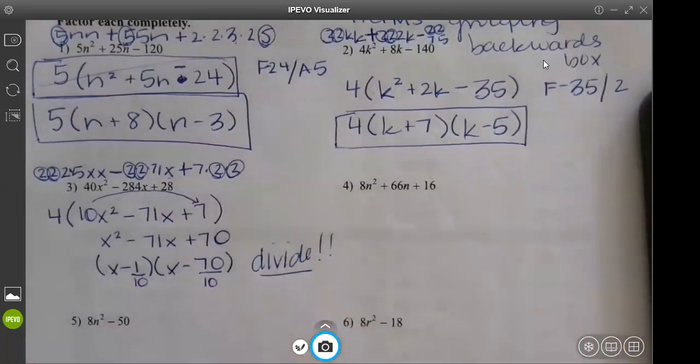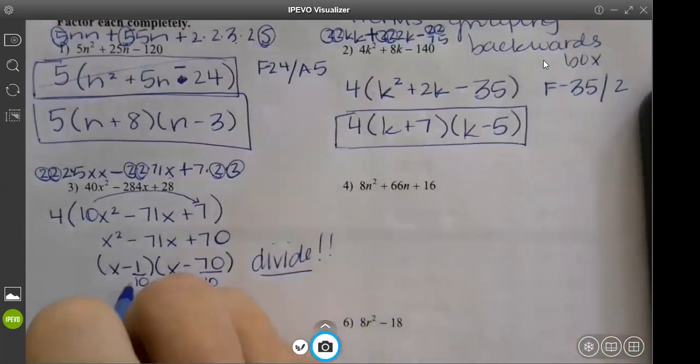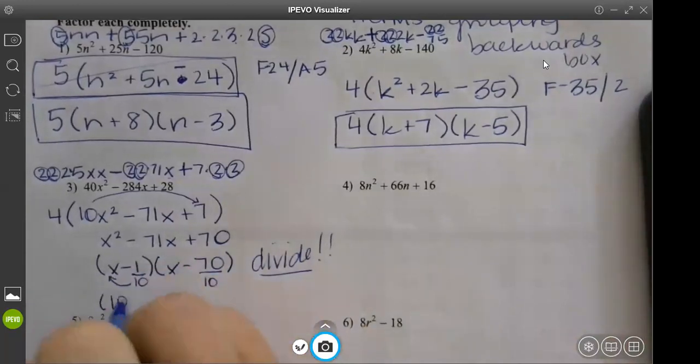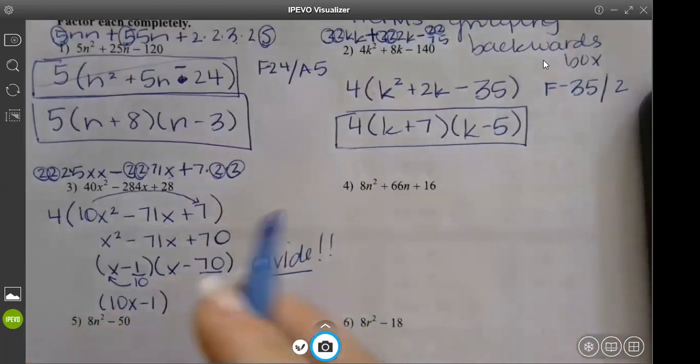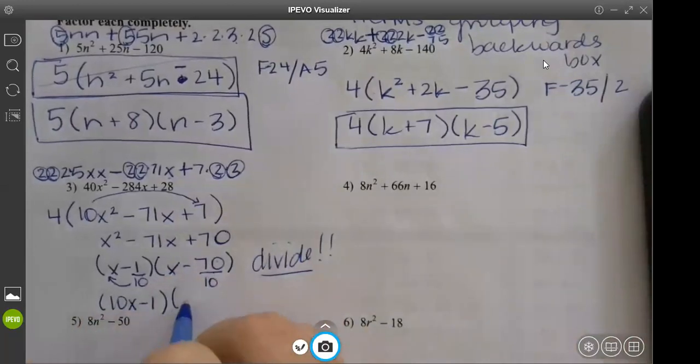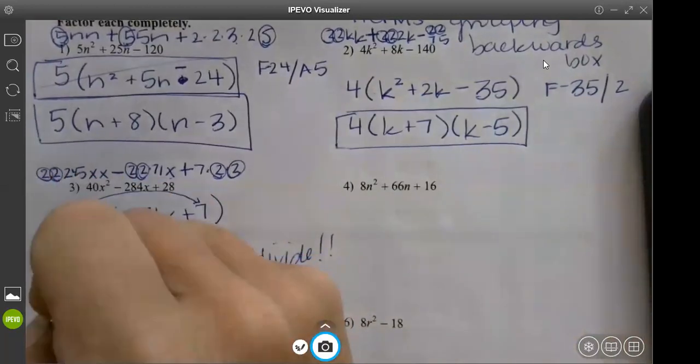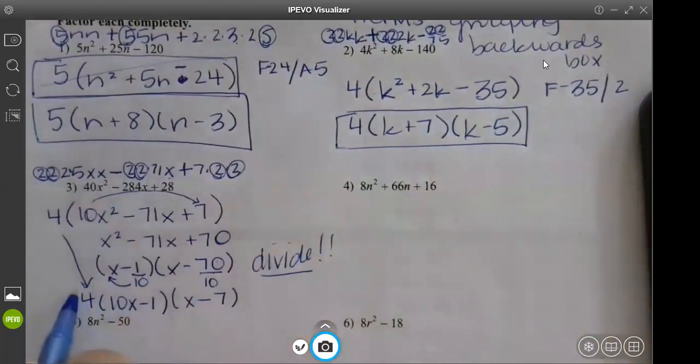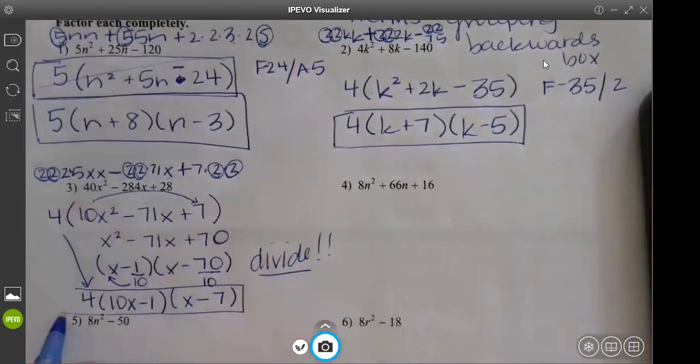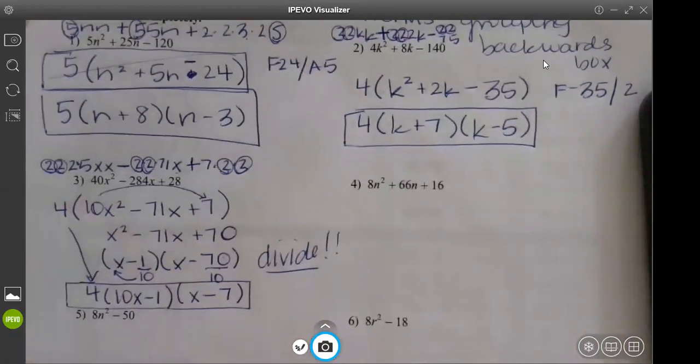Will 1/10 reduce? No, so I just slide that 10 to the top. So 10x minus 1. What is 70 divided by 10? And then bring down the 4.